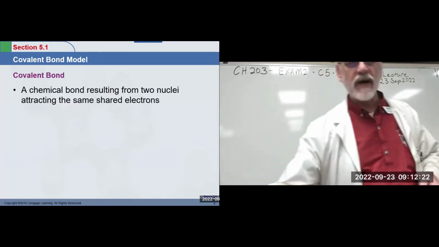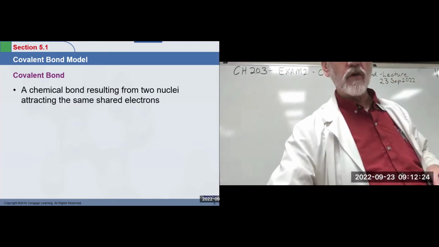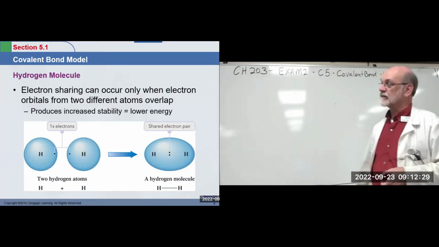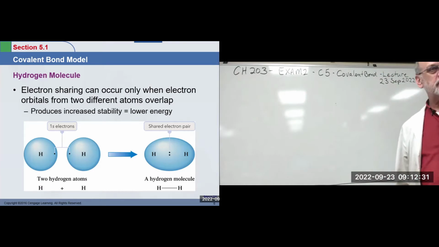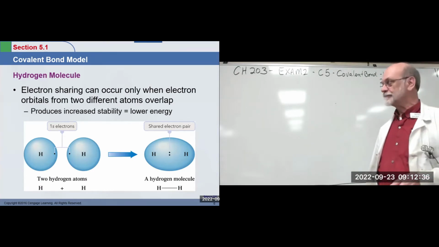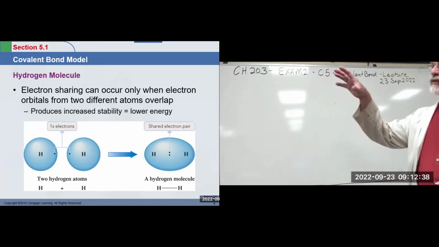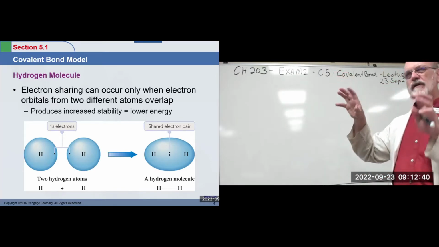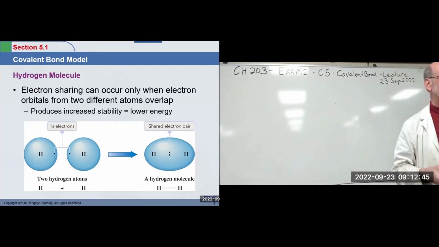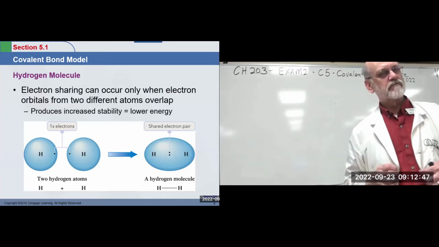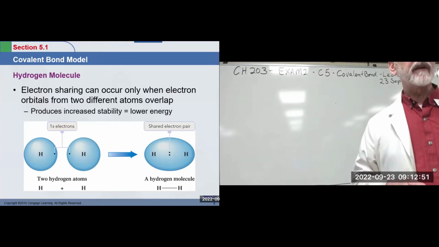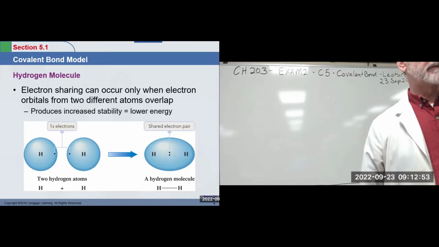Okay, so a chemical bond where you share electrons is a covalent bond. And here's an example, an artist's rendition of two hydrogen atoms sharing their one electron each. And the blue is an expression of the region where you might find the electron. It's a funny thing about electrons. When you're first introduced to chemistry, you might think of an electron as a particle.